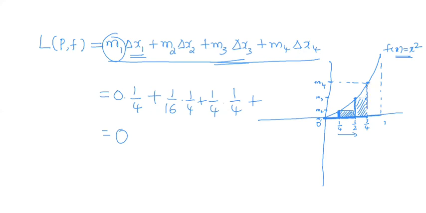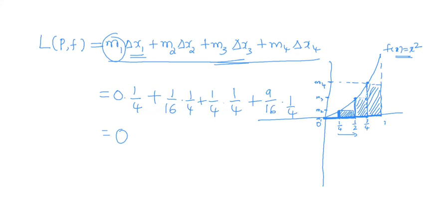So this is m4 into delta x4, that is, this value into this. So length into breadth once again. The last term will give you the area of this rectangle. On summing up all these values, it is, I think, 9 by 16 into 1, sorry, into 1 by 4, right?